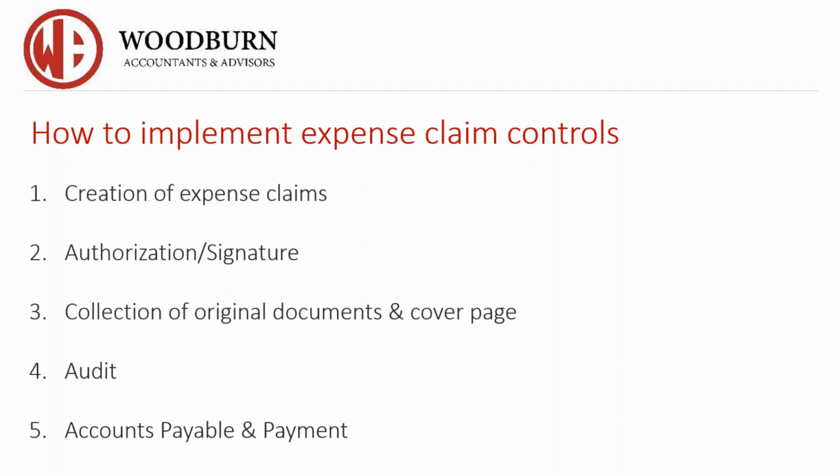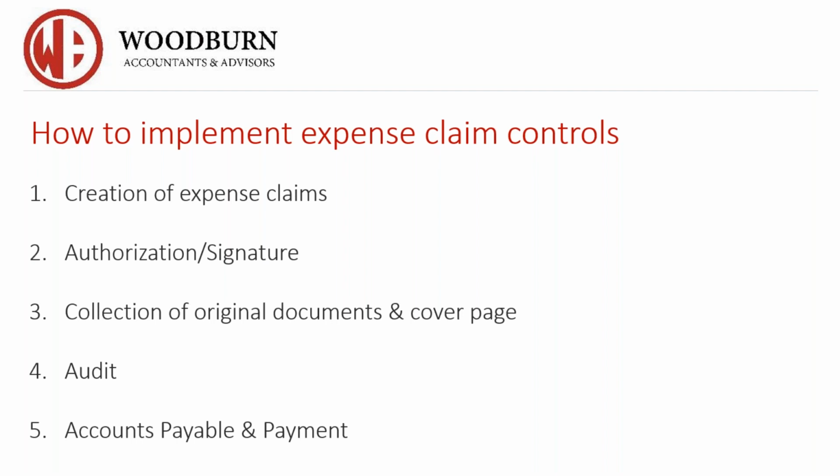So what you can do when you want to implement expense claim controls is, 1, a creation of a template for employees to fill in terms of expense claims, or purchasing an app where employees can scan in the FAPIAOs directly into the system, and the approval process is through the online app. Getting the authorization and signature, is that going to be a 1, 2, 3 tier system?